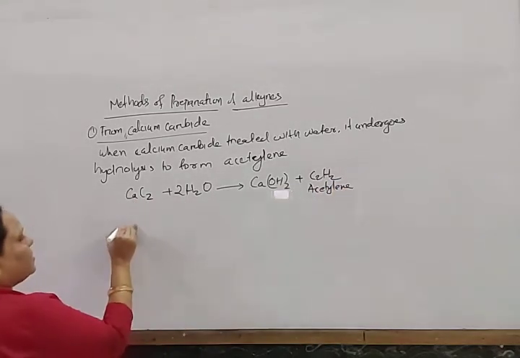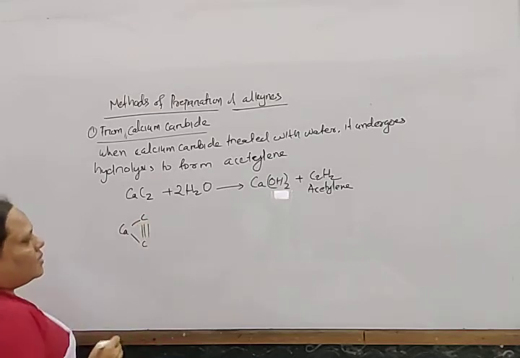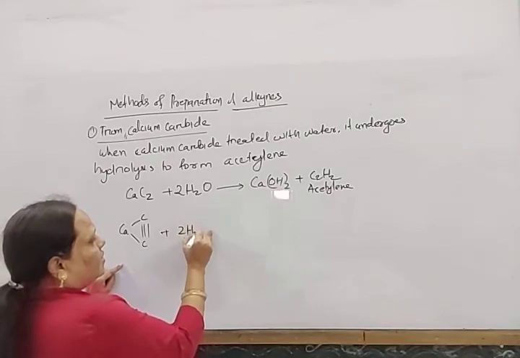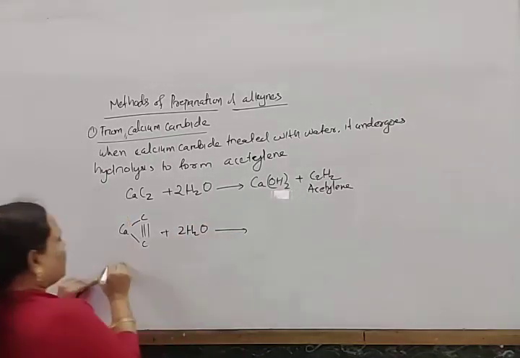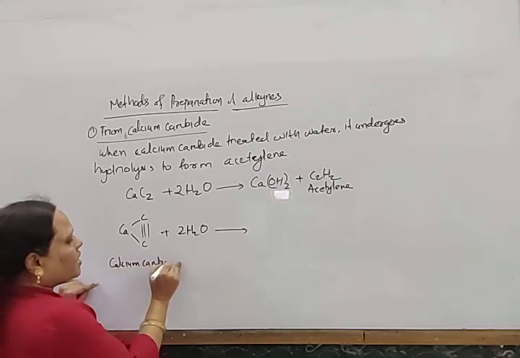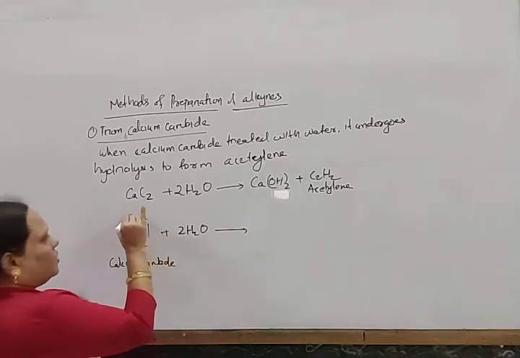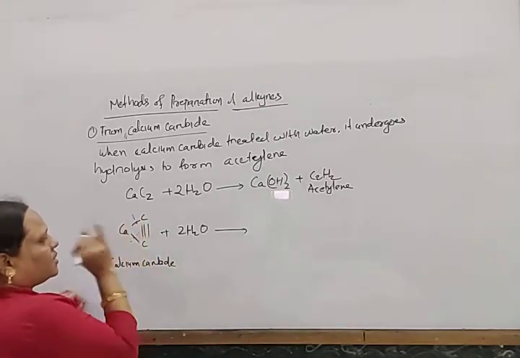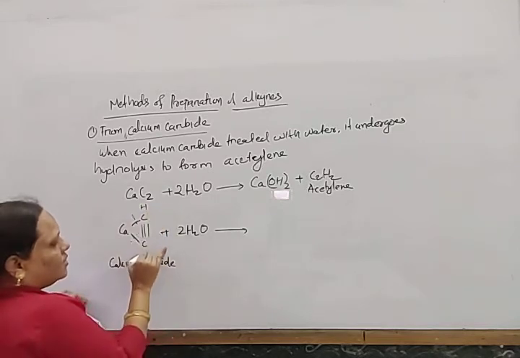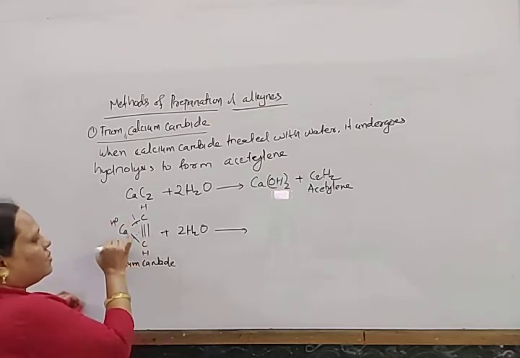We can write like this also. Ca, C triple bond C. This is calcium carbide, and when it is treated with water, here bond breaking takes place. H2O breaks as one hydrogen here and OH, and here OH.